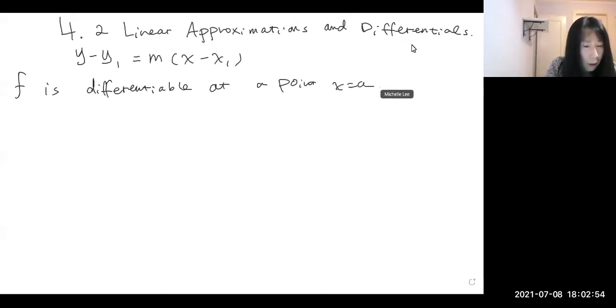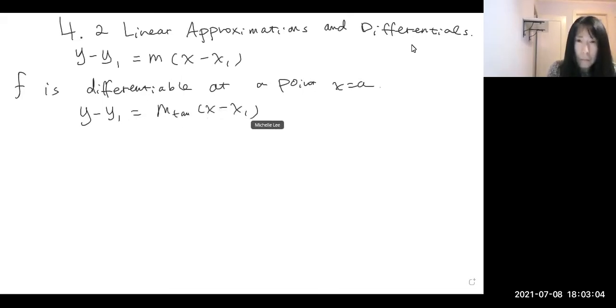Okay, then we said that the slope of the tangent line, right? Then look, we have y minus y sub 1, and then we can express m, the slope of the tangent line, which is f prime of a, right? x minus a.